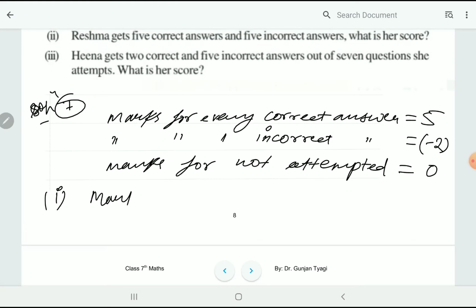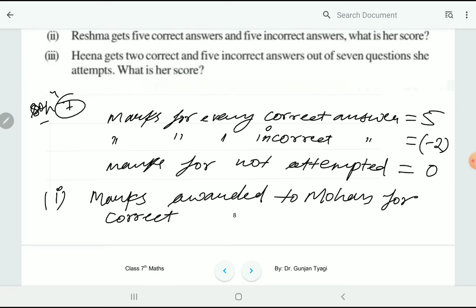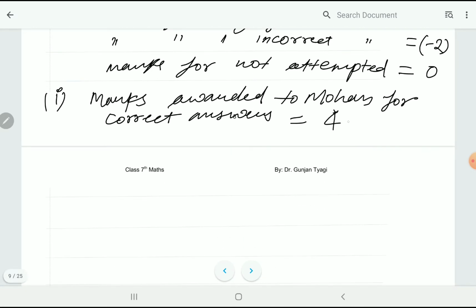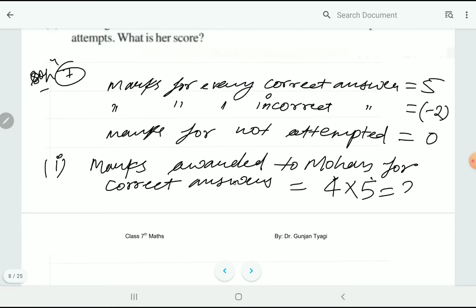Marks awarded to Mohan for correct answers is equal to, he did 4 correct answers, so 4 multiplied by the marks for each correct answer, 5. So the total marks is 20, which Mohan got for his correct answers.